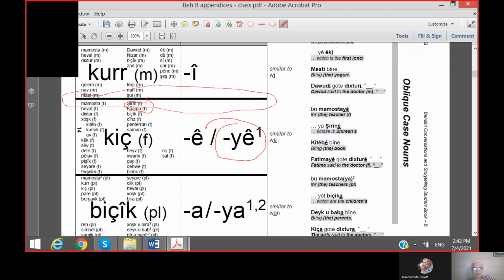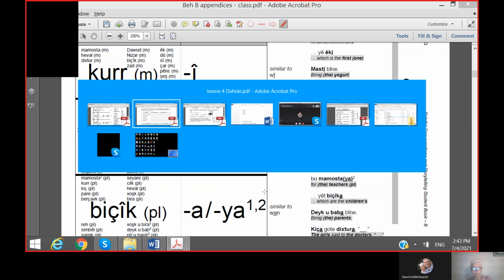So everything that is above that line is masculine, and it's going to get this ending. Everything that's in the middle here is feminine, and it's going to get one of those two endings. Everything that's below the line is plural, and it's going to get one of those two endings.